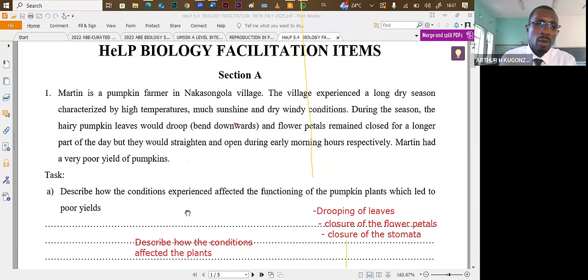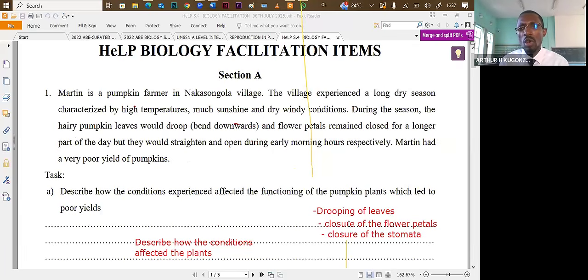So it means that now our task A has only 3 responses, and those are the 3 responses. Now, how are we going to describe? Now, you have to use your biology, and you try to describe how drooping of the leaves would affect the functioning of the plants.